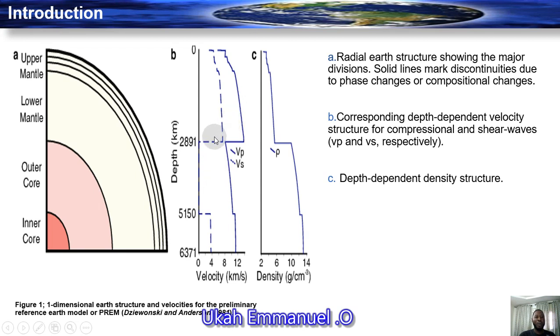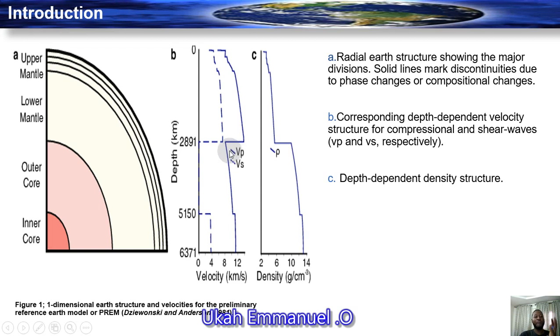So this is the corresponding depth dependent velocity structure for the pressure wave and the secondary wave. P waves, we all know, are one of the two types of the elastic body waves, called seismic waves, from seismology.